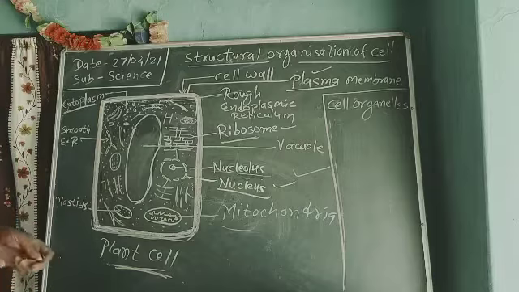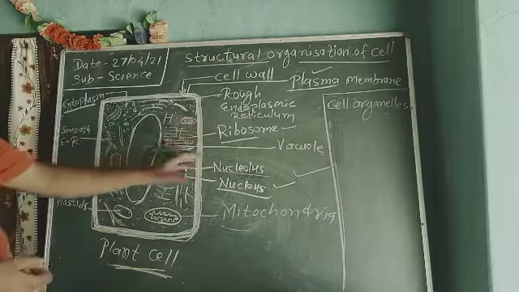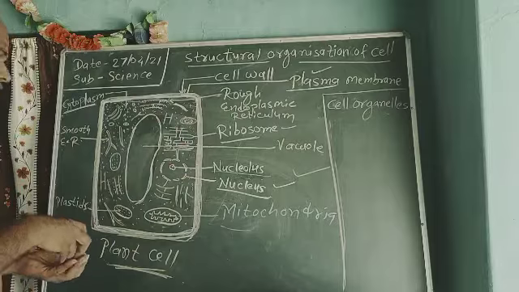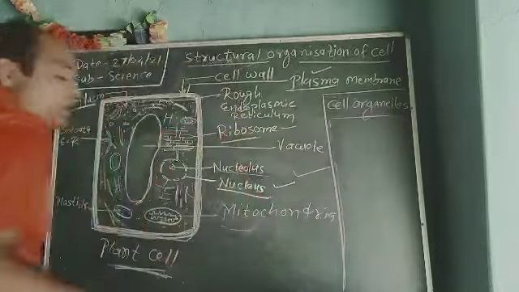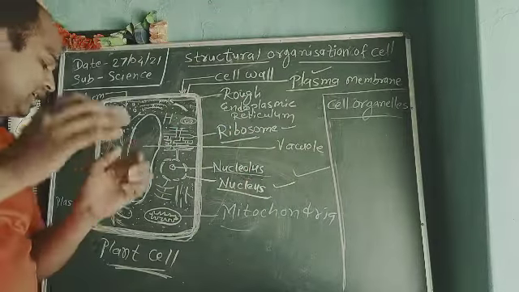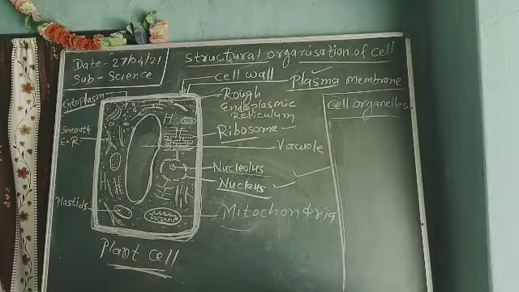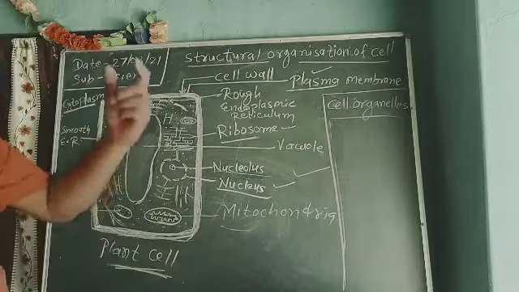Students, the other parts of the cell are called cell organelles. These cell organelles are divided into two parts, membranous and non-membranous.